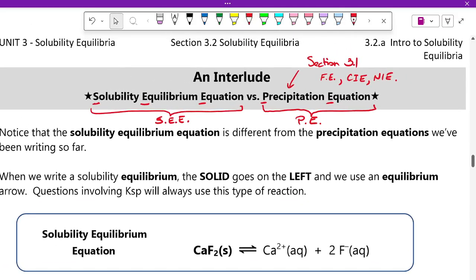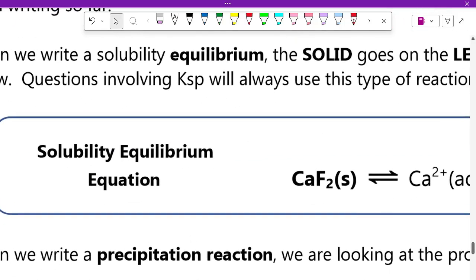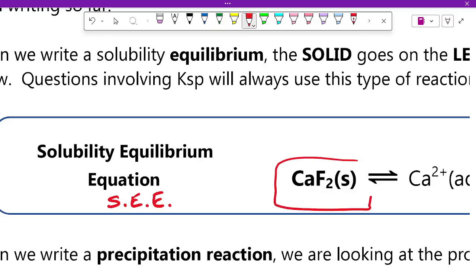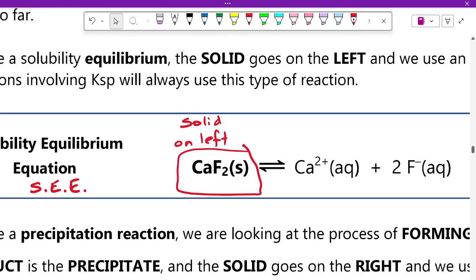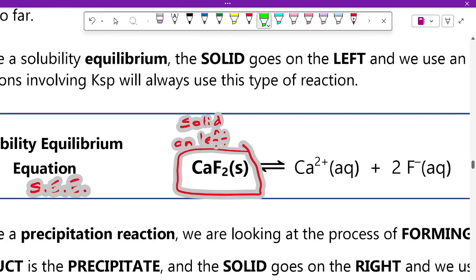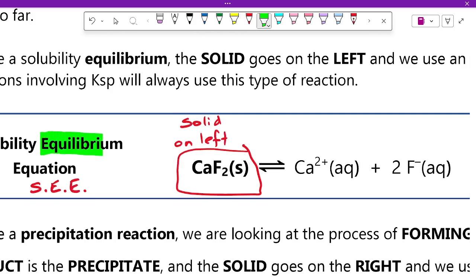So, solubility equilibrium equation, the C. Solid is on the left. And it is an equilibrium. So what kind of arrow do we use? The double arrow. We use an equilibrium arrow.